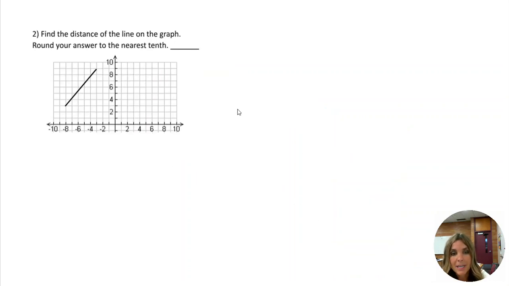Okay, on the next question, this time we don't have the triangle drawn. And so let's go ahead and just draw in our triangle. And I'm going to show you something else that's kind of helpful as well. So this point right here is at -8, 3. And then this point right here is at -3, 9.